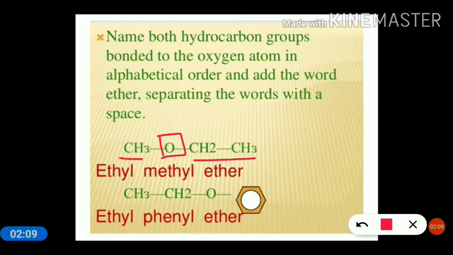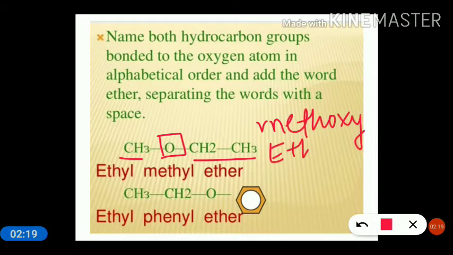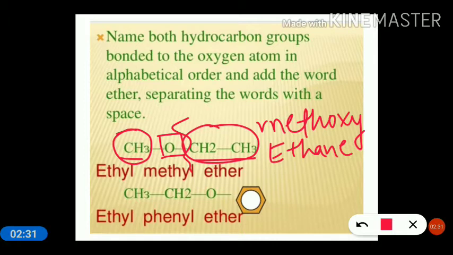This is ethyl methyl ether. The IUPAC name is methoxyethane. Why? Because oxygen will go on this side, because here one carbon, this side two carbon. So you will write the name methoxy. This is the meth group and the oxy group.